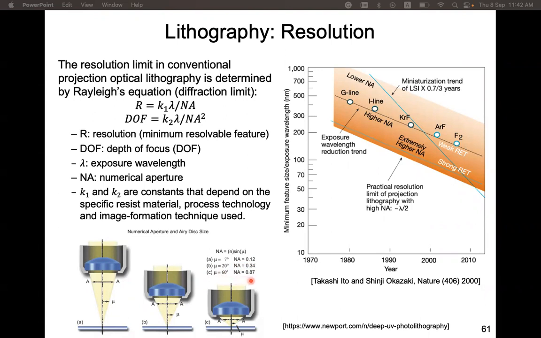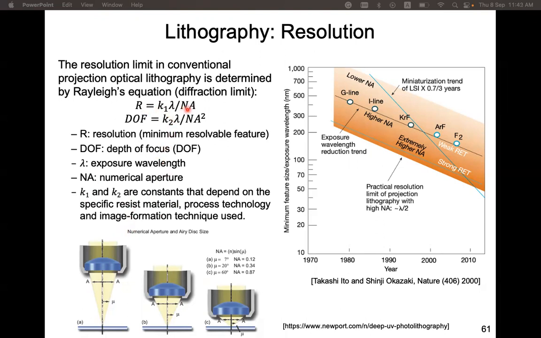Basically, this NA is smaller than 1. The best you can get is 1. So that's the resolution. And also K1, a parameter K1. K1 is a constant that depends on the specific photoresist material, process technology, and some other things. So that's the resolution limit.